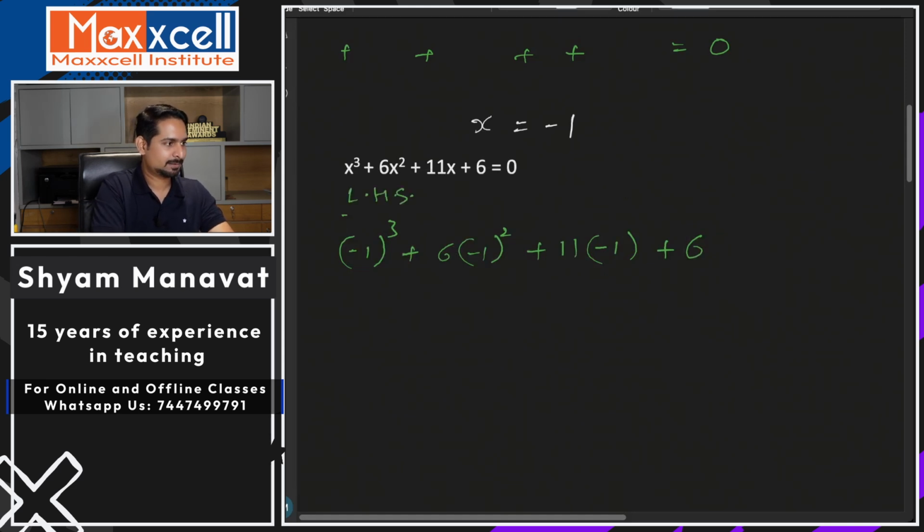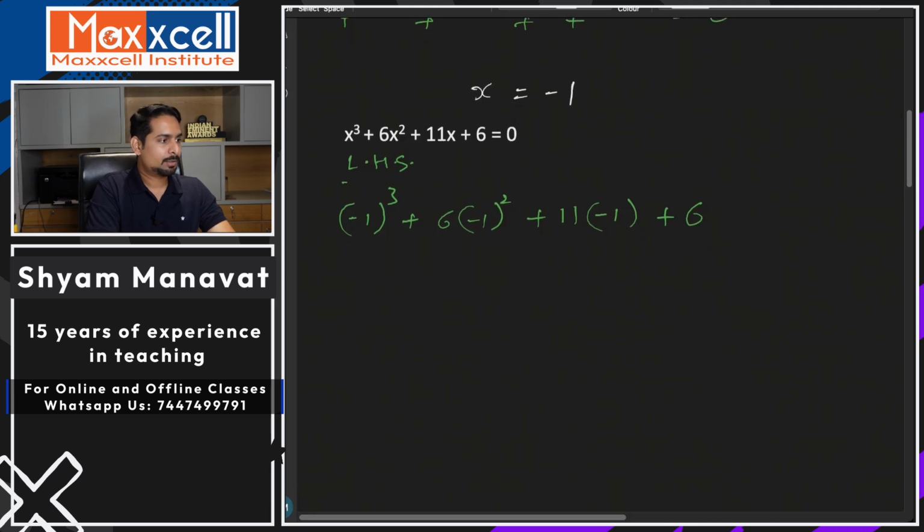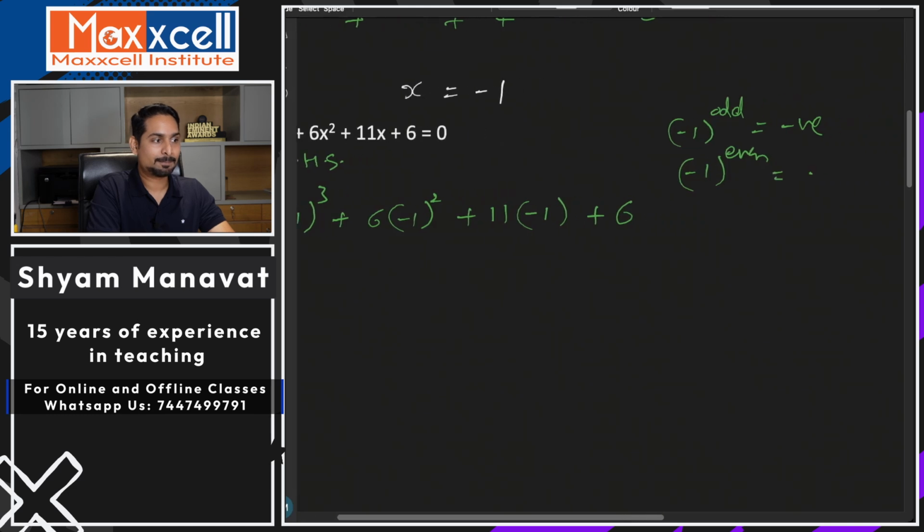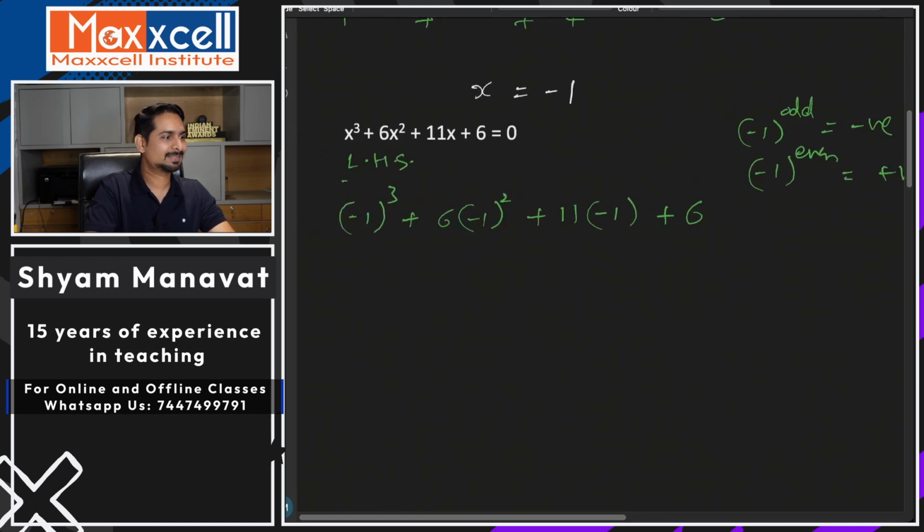Now simplify this. I hope you remember negative to the power odd will get you negative and negative to the power even will get you a positive outcome, right? So here -1 cube is going to get you -1 and -1 square is going to get you 1.